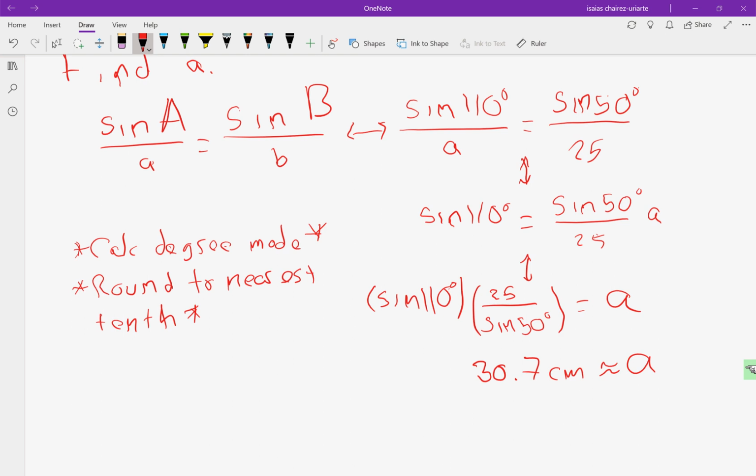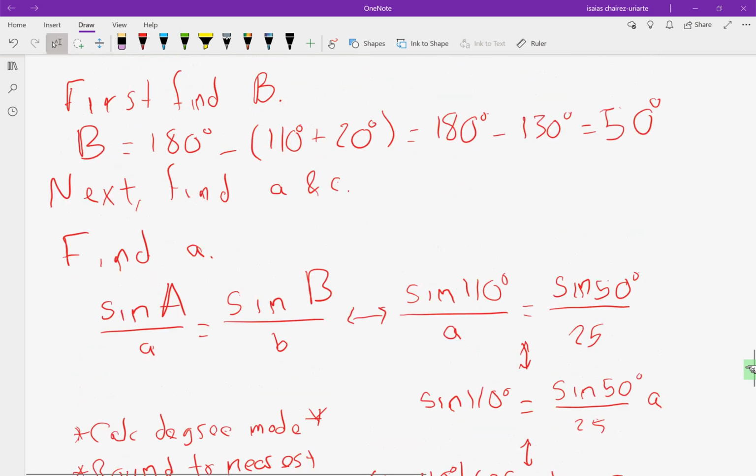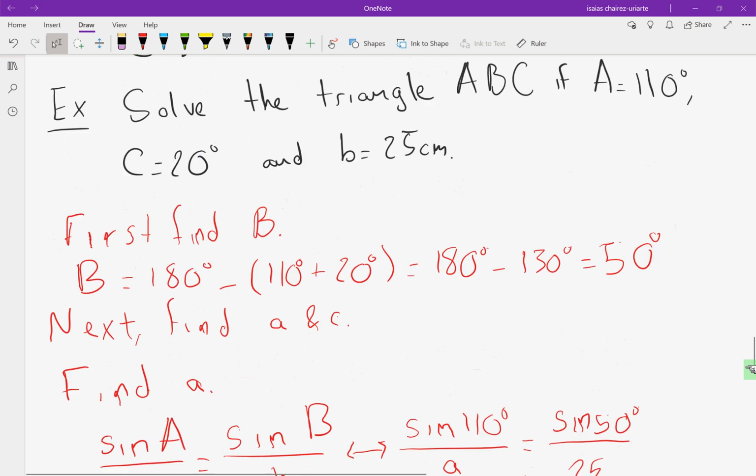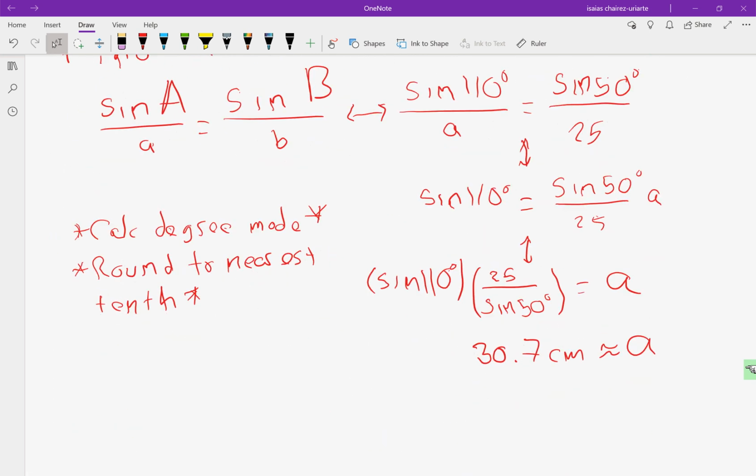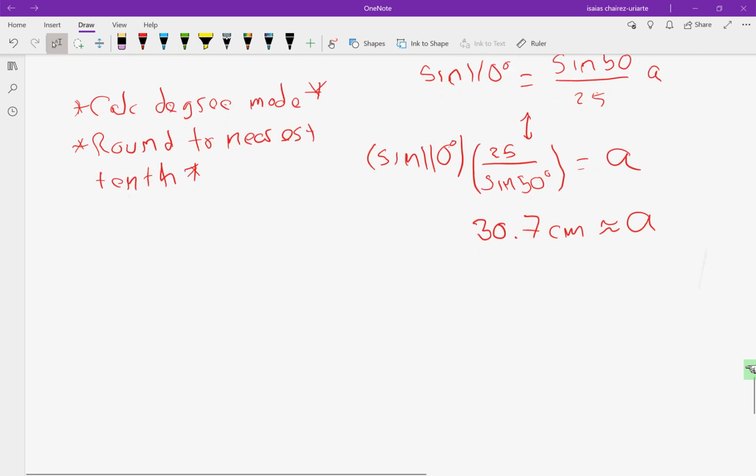All right, so I'm just missing one last thing. I'm just missing side length C. I just need to find side length C. And in order to do so, I'm going to do something very similar.